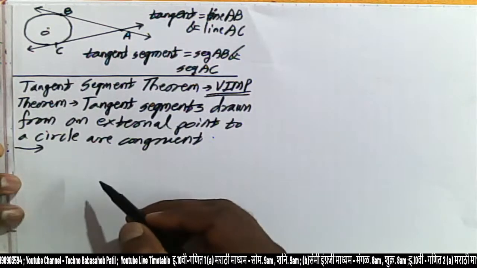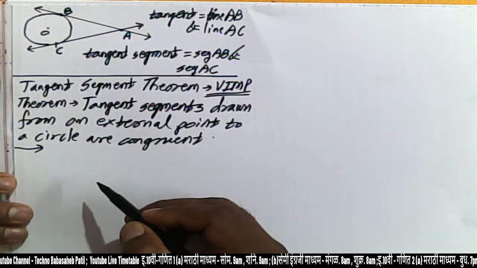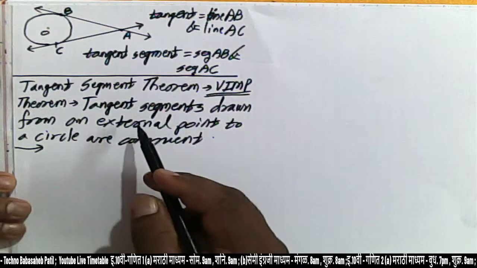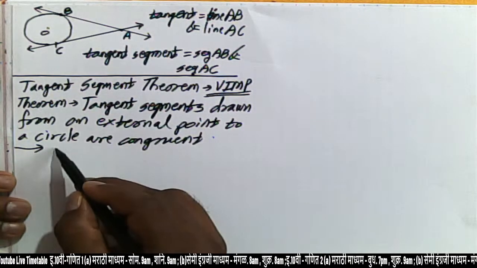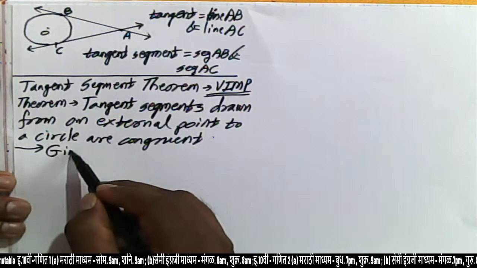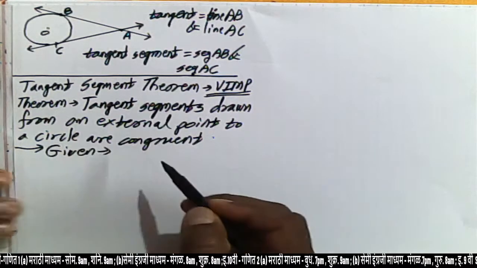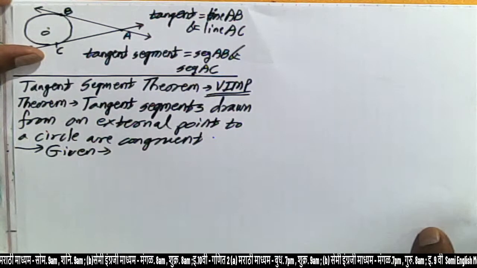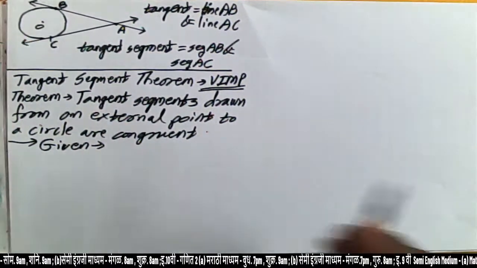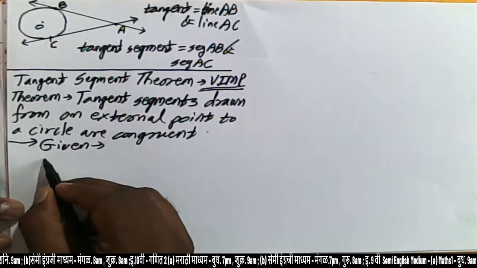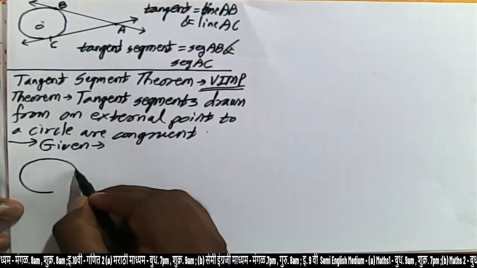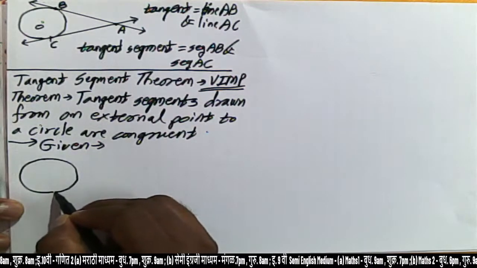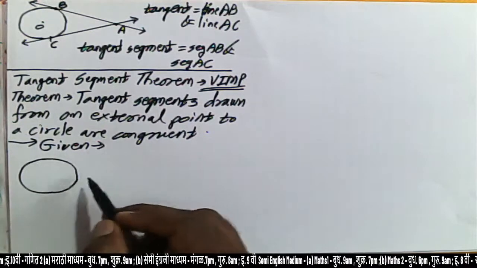In the solution, that theorem we can prove in 4 parts. First is the given. We draw a circle here.